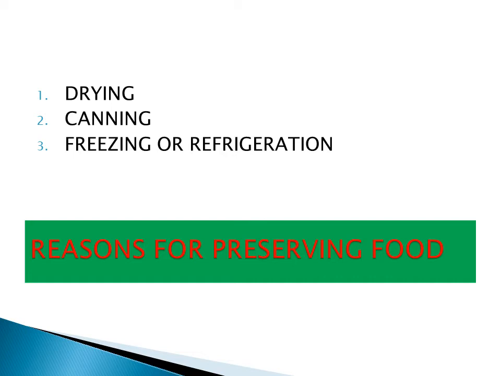Pupils, containers are sealed and expiry dates indicated, meaning that canned foods usually go bad after a certain period of time.